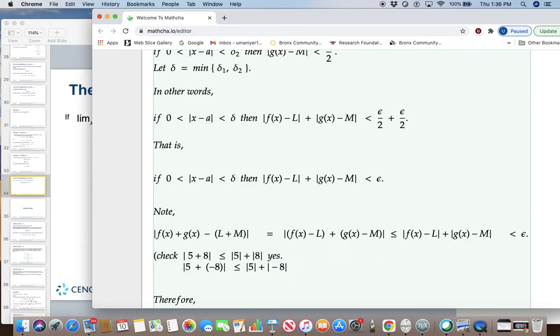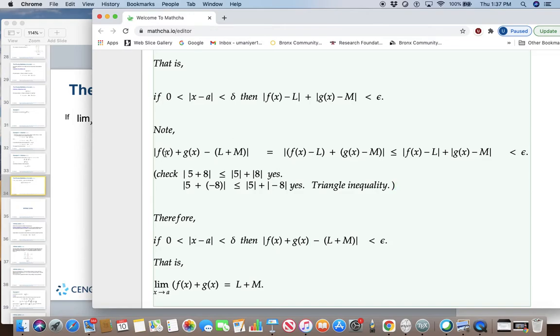This is, by the way, called the triangle inequality. Anyway, the absolute value of the sum of two things is less than or equal to the sum of the two absolute values. But the sum of the two absolute values we already saw was less than epsilon.